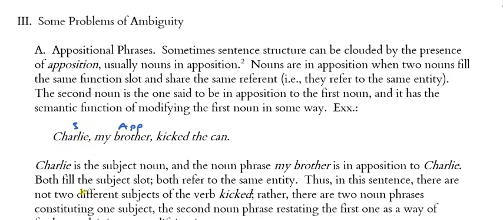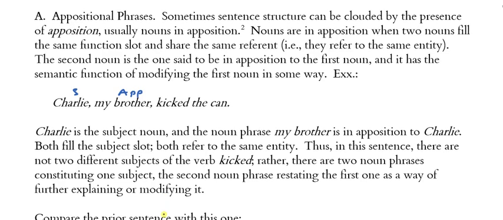Both of these are trying to fill the subject slot, and both of them refer to the same entity, and thus in this sentence there are not two different subjects of the verb kicked. Rather, there are two noun phrases constituting one subject. The second noun is restating the first one as a way of further explaining or modifying it. Okay?